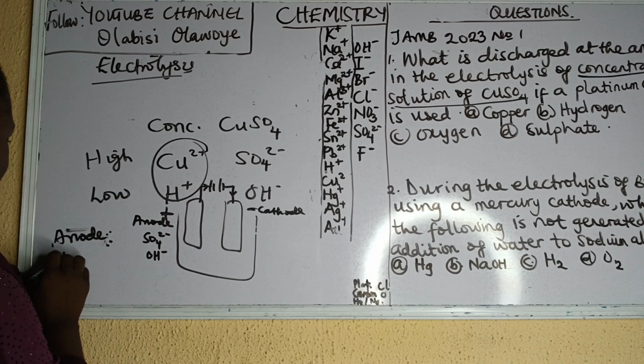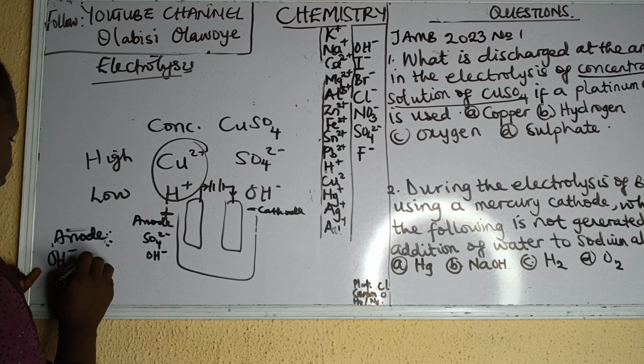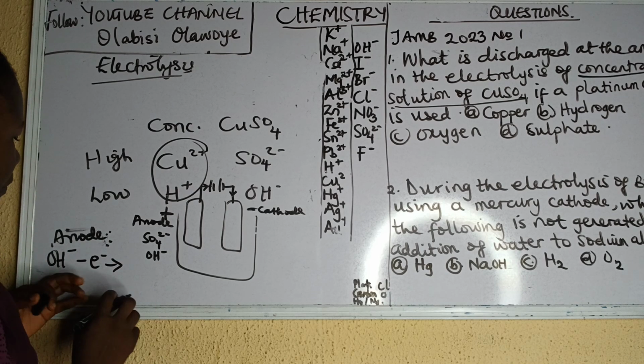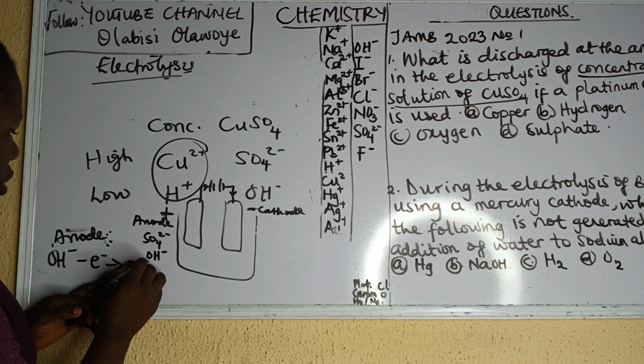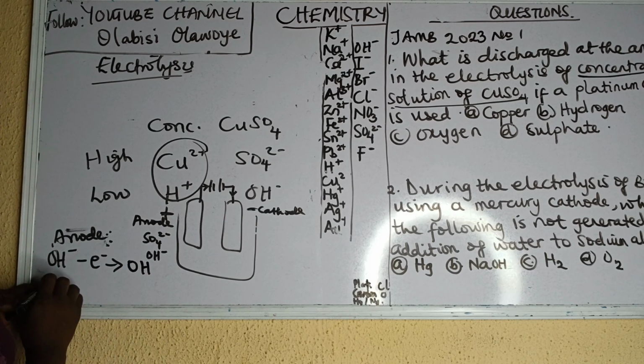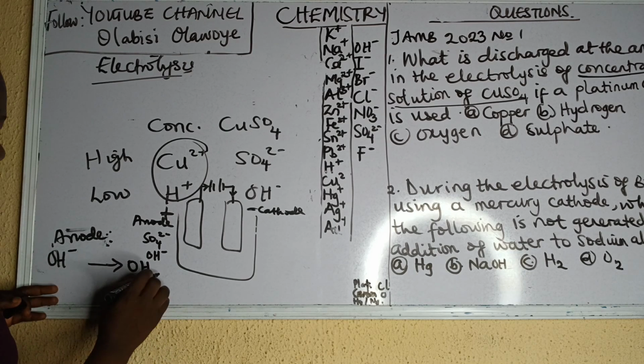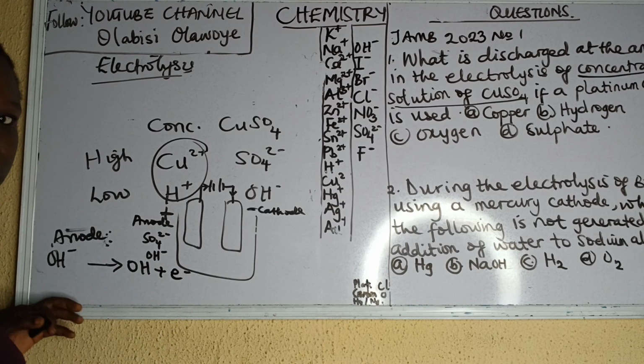It's going to lose electron. There is a loss of electron at the anode. That is oxidation to give you OH. Now, if you are writing this, you can also write loss of electron as e minus here.